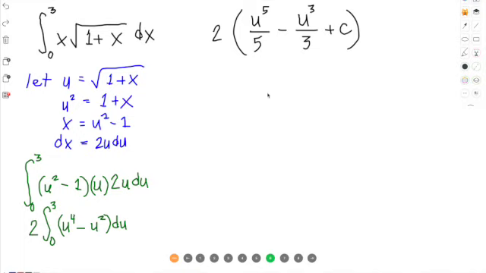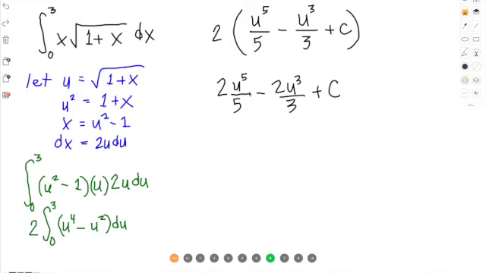Okay, so in short, our equation would be 2 u to the fifth all over 5 minus 2 u cubed all over 3 plus 2 times c, which is just the constant of integration.